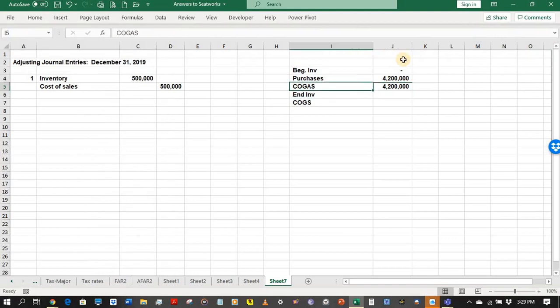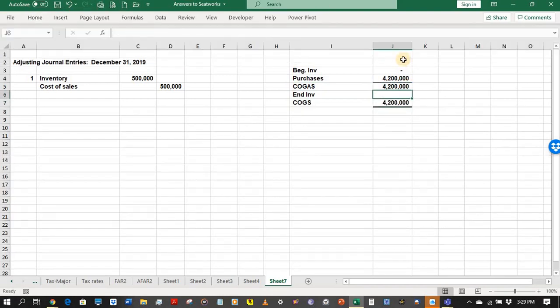Ngayon, pag wala tayong sinetup na ending inventory, ang magiging cost of goods sold mo, 4,200,000. Kasi wala kang sinetup na ending inventory. At dahil tayo magsisetup ng ending inventory yan, debit inventory, 500,000. Ibig sabihin nun, out of 4,200,000, 500,000 dyan ay on hand, hindi pa nabenta.